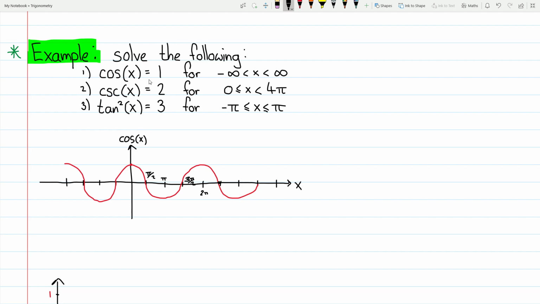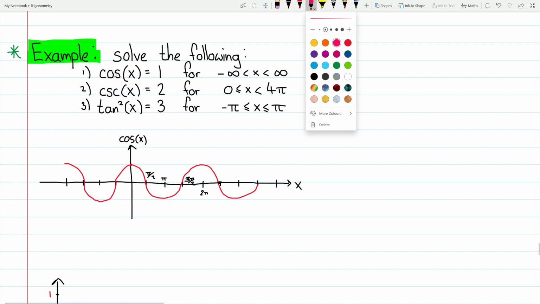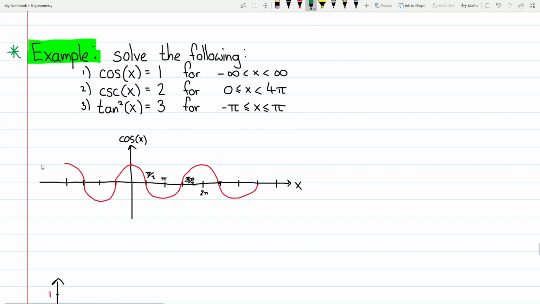So we want to find all the values at which cosine of x equals 1. Like before, we've drawn cosine of x, so let's draw 1. The graph of y equals 1 is this constant graph here. And notice how this graph intersects the cosine at all these peaks, the maximums of the cosine.